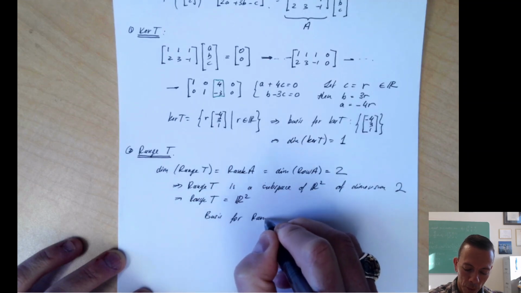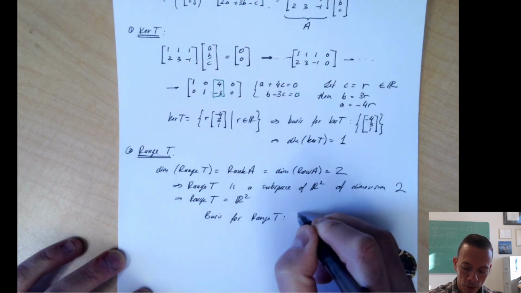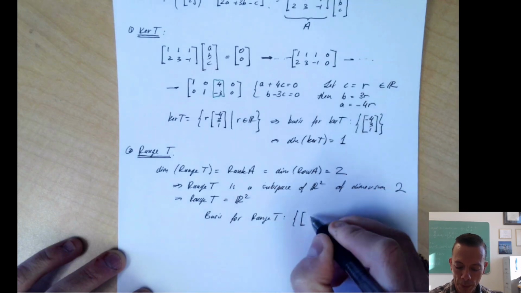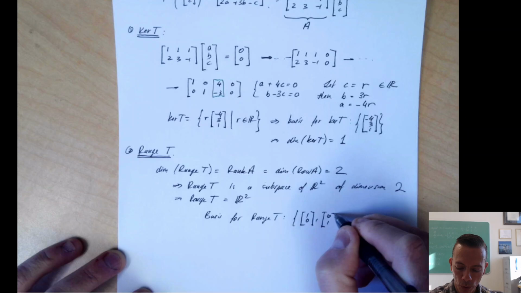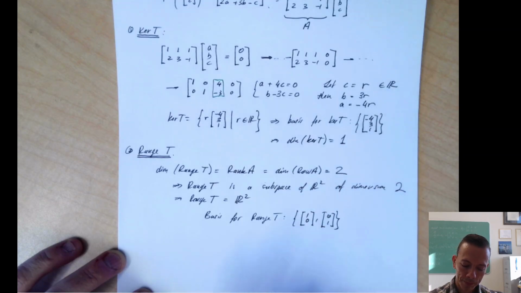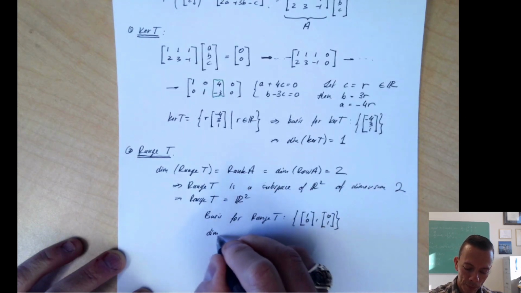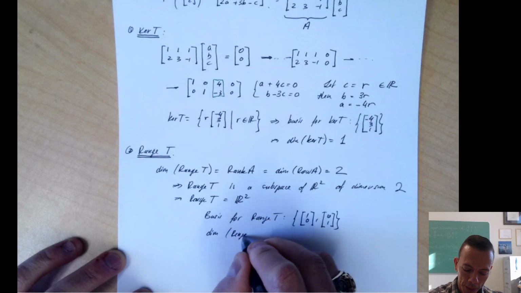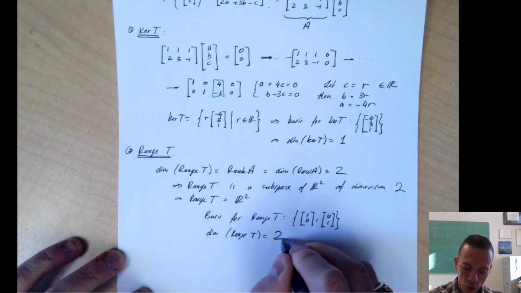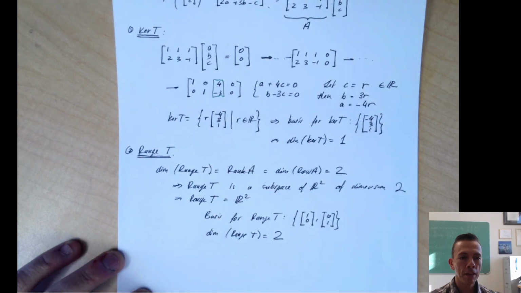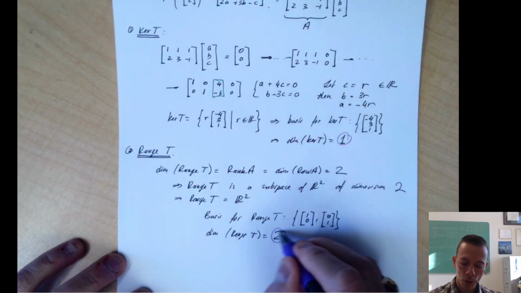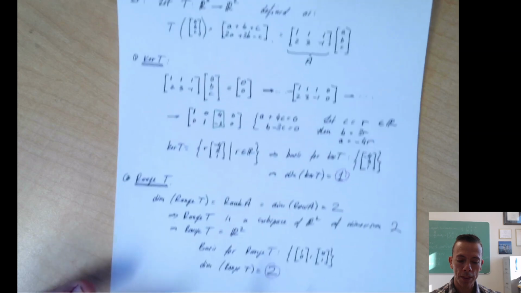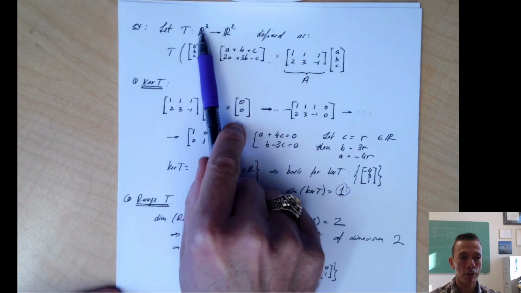So a basis for the range of T is just a basis for R2, so you can choose, for example, the canonical basis for R2, (1, 0), (0, 1). And the dimension of the range of T is therefore 2. You can verify the rank-nullity theorem. The dimension of the kernel is 1, the dimension of the range is 2, the sum is 3, which is the dimension of the domain, R3.